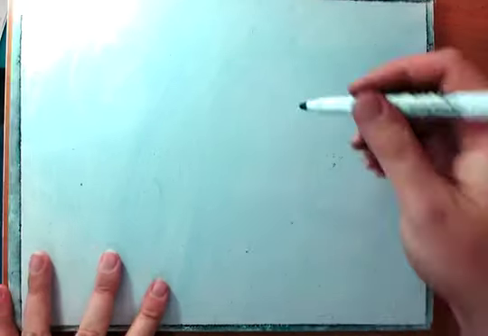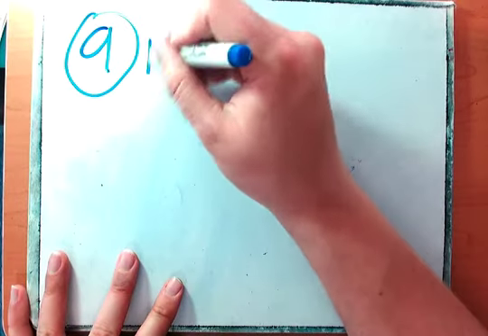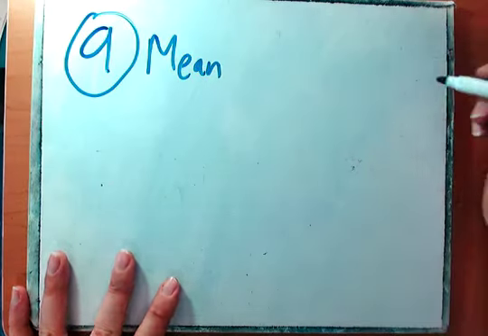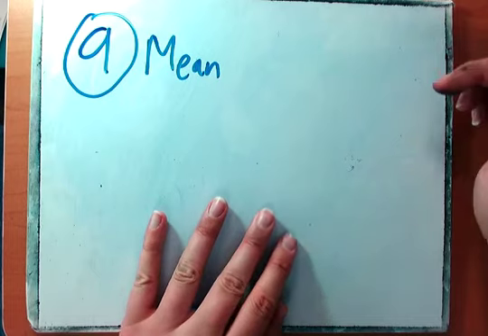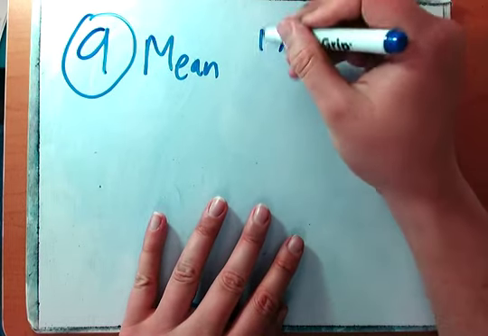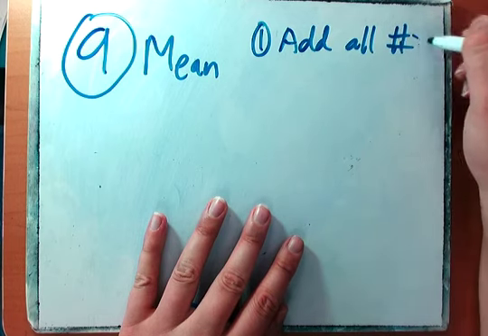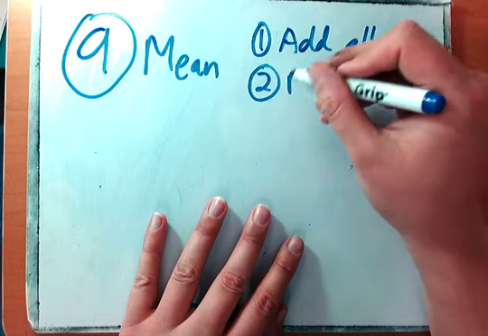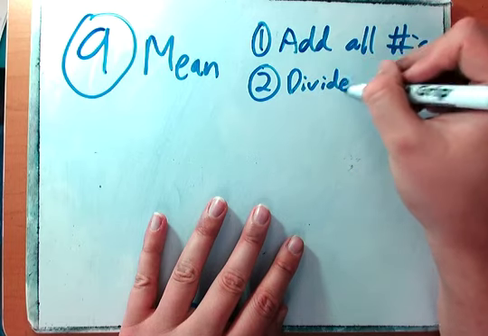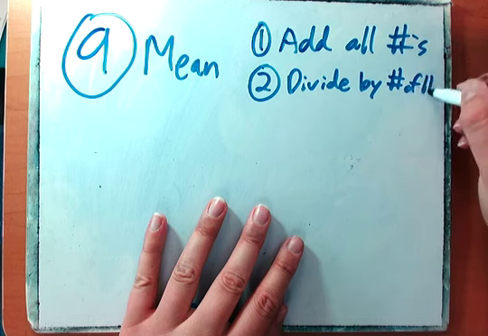And then we've got a data set. So I want to do 9 first, which is mean. In any data set, first thing I do is I add all the numbers. Then, second step, I divide by the number of numbers.